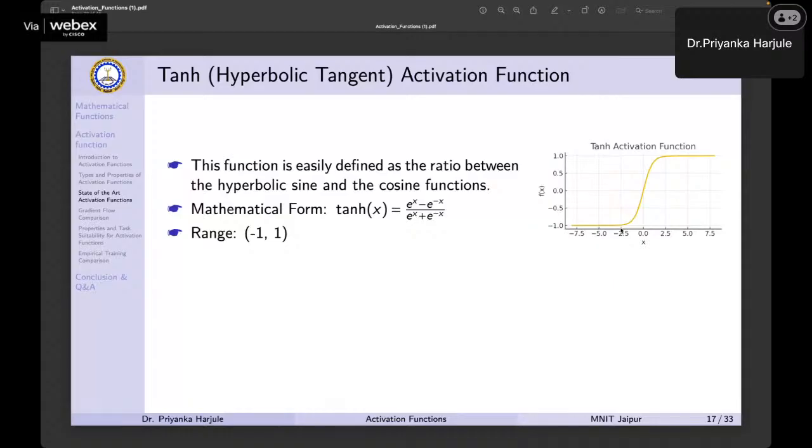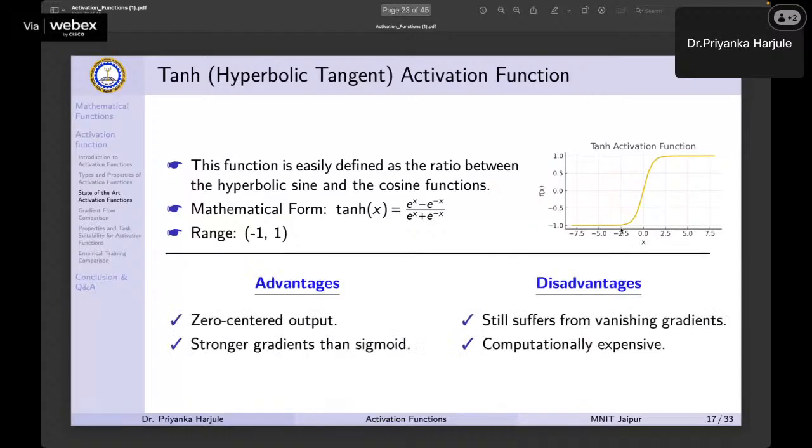So the main advantage of the tan hyperbolic activation function is that it gives us a zero centered output. That is why it is used mostly in recurrent neural networks, where it helps the gradients alternate around zero, helping in better training.